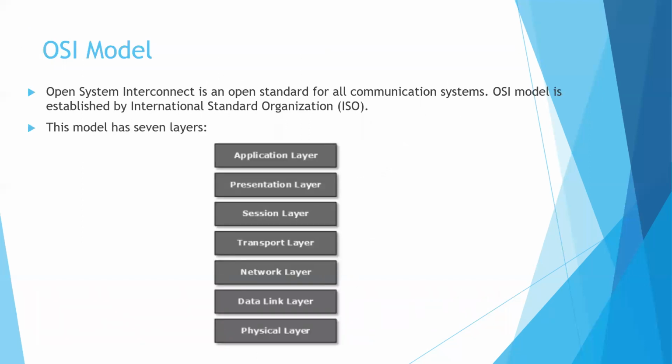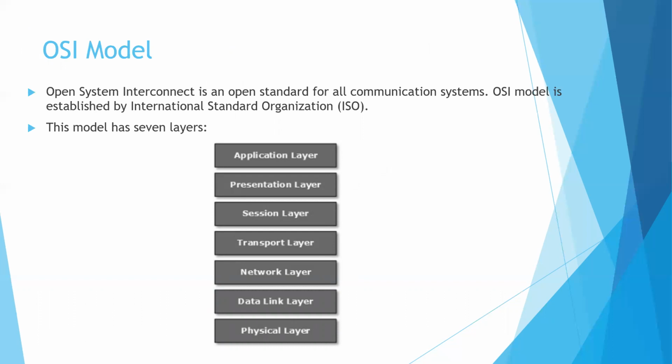The OSI model. The OSI model is a conceptual framework used to describe the functions of a networking system. The abbreviation OSI stands for Open Systems Interconnection model.